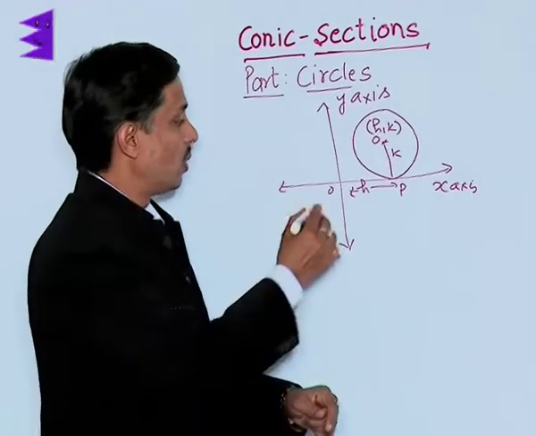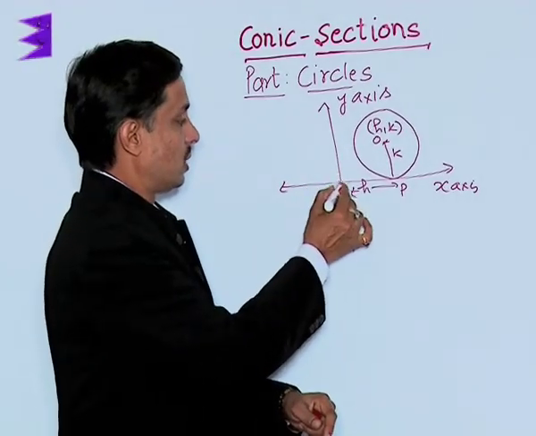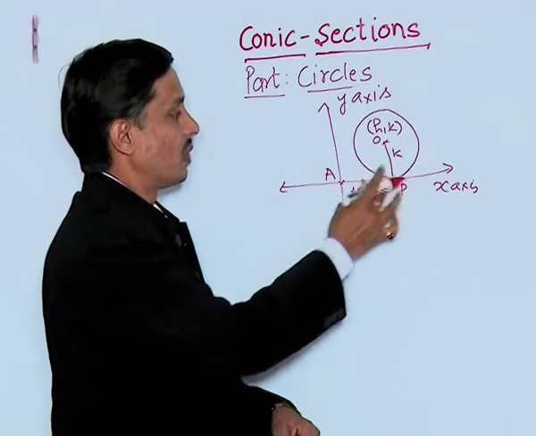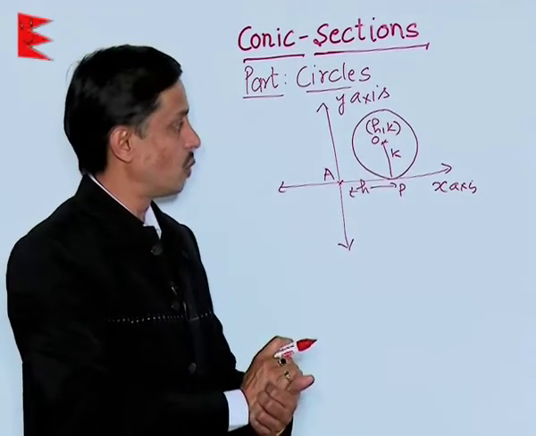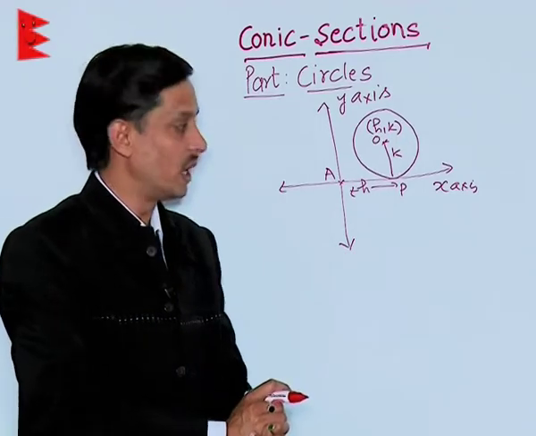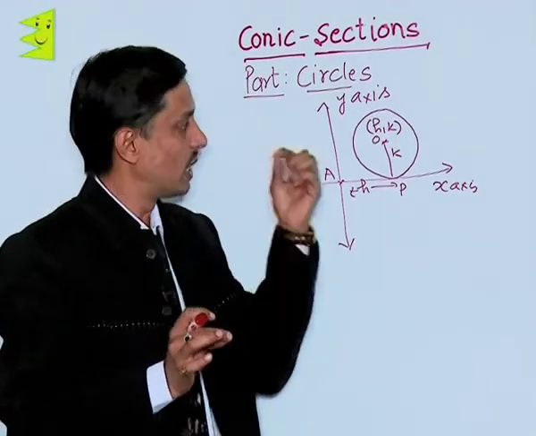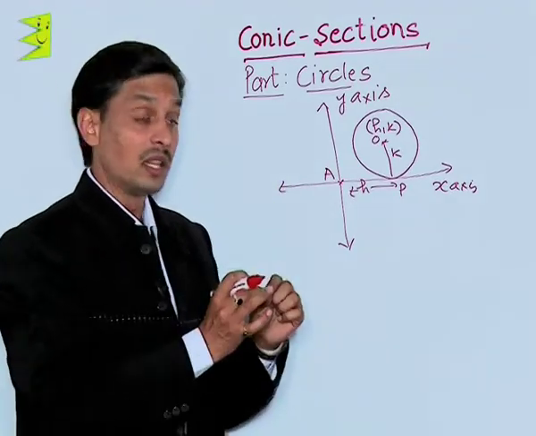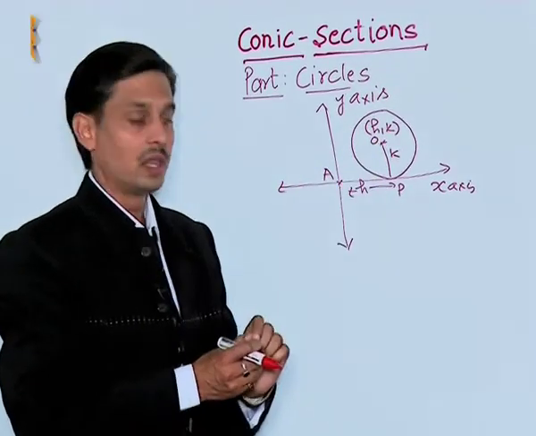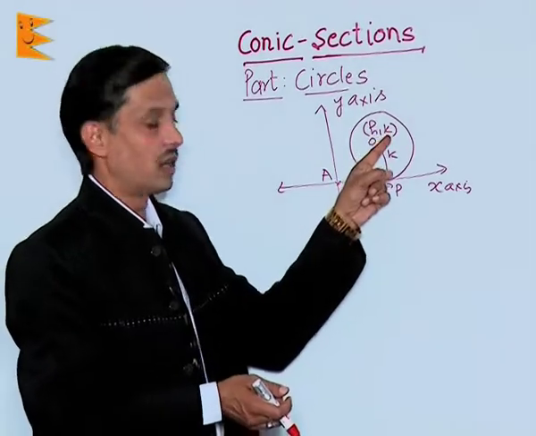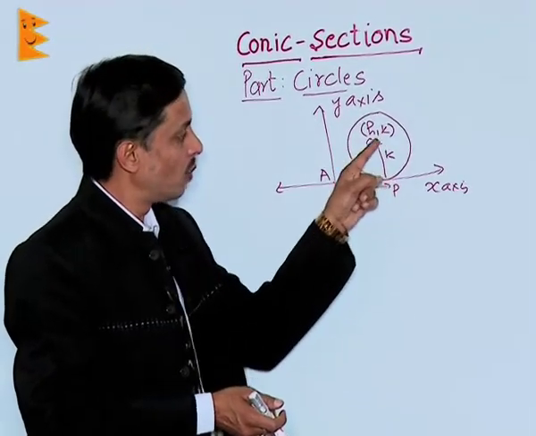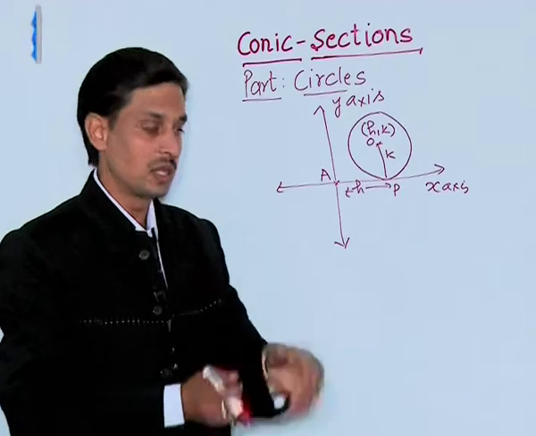Center is at O. Now I can say this is another point, suppose A, this is P, and the center of the circle is O, whose coordinates are h comma k. Remember, when a circle touches the x-axis, then the y coordinate, that is the ordinate of the center, is always equal to the radius of the circle.